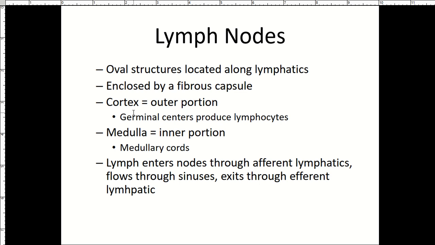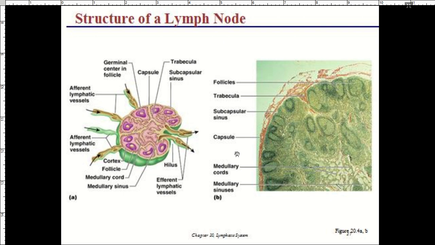Take note of this. How does the lymph move in the lymph node? So you're going to have what we call afferent lymphatic vessels. There are several afferent lymphatic vessels with valves that will be entering the convex surface of the lymph node, right?